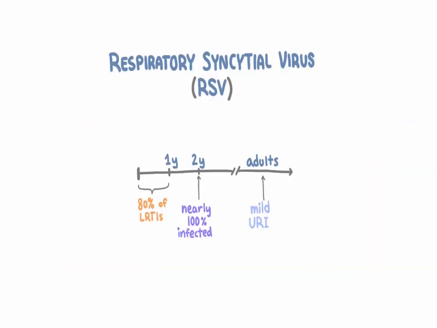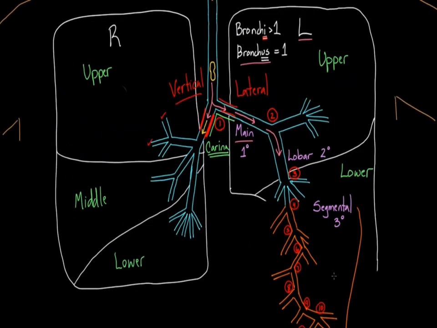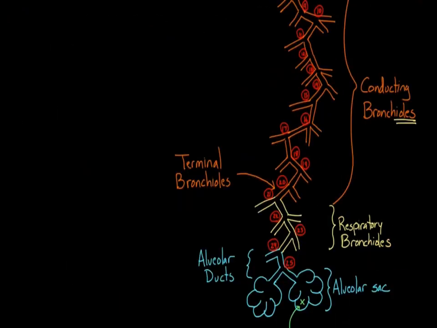This slide shows the respiratory syncytial virus affecting 80% of children below 1 year and 100% near 2 years of age. The conducting bronchioles terminate by subdivision into the terminal bronchioles. The terminal bronchioles end in the smallest airways opening into the functional unit, the alveoli; these are the respiratory bronchioles.